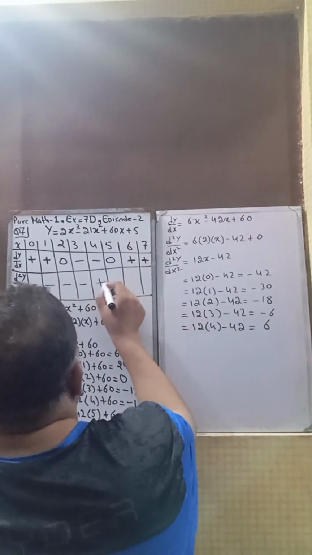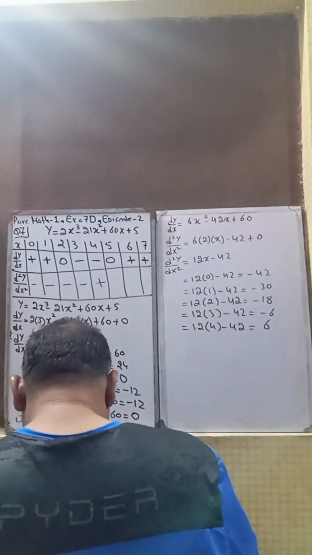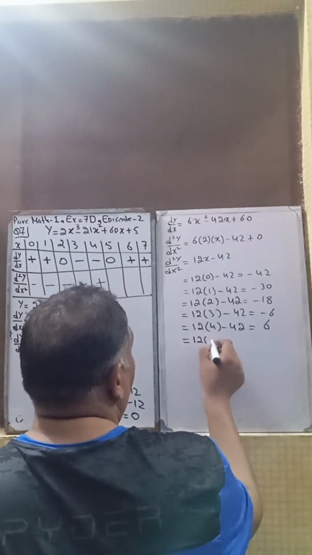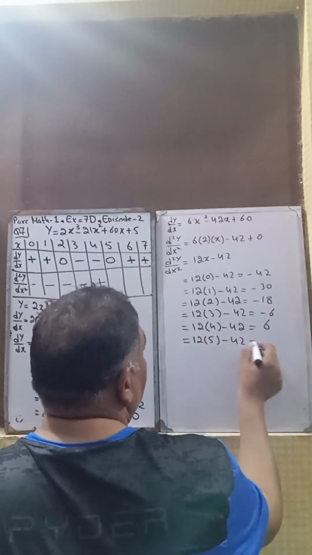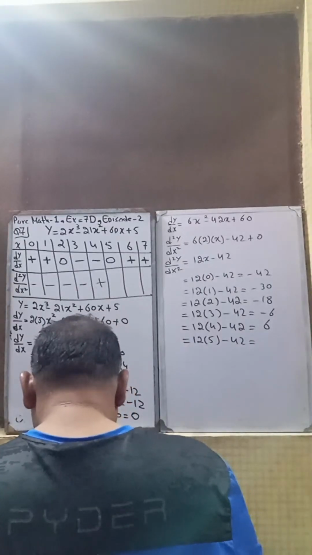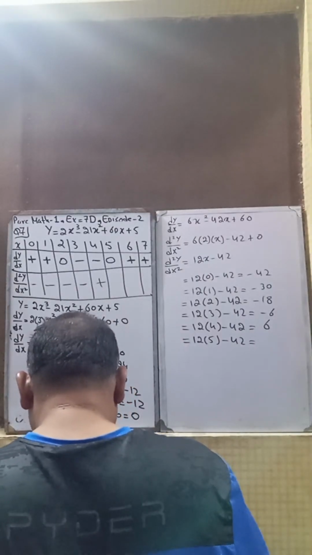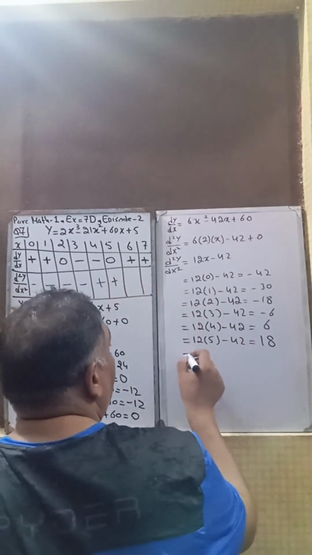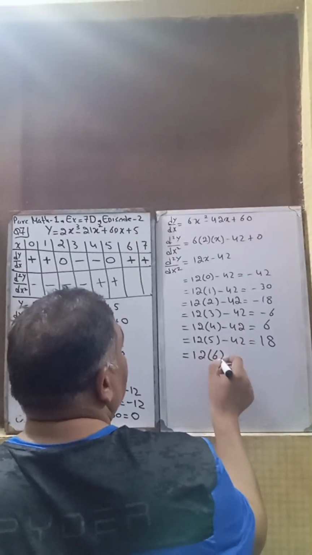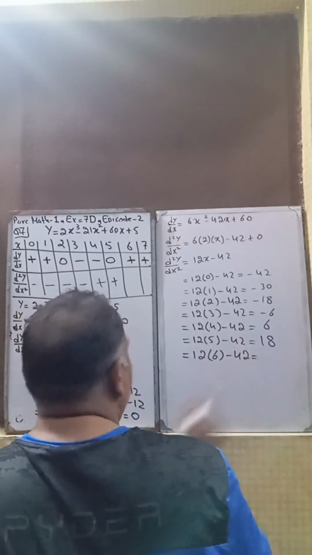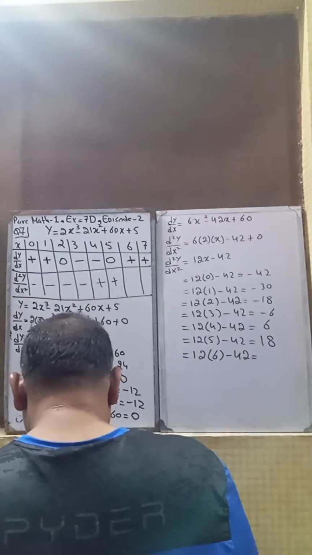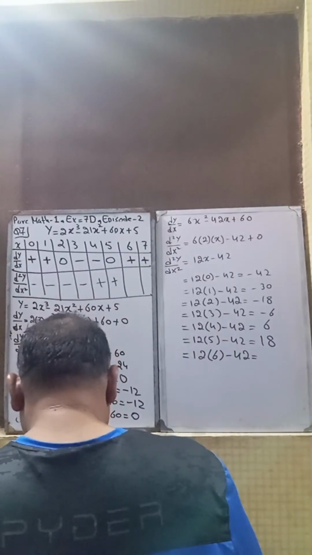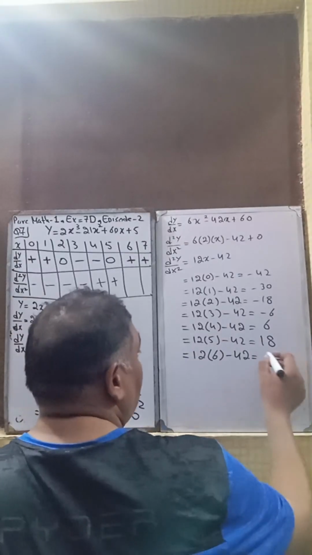So this is positive. Then I'm going to do 12 into 5 minus 42. That's 60 minus 42, and that is positive 18. So this is going to be positive. And then we have 12 into 6 minus 42, and that will be equal to 12 multiply 6 minus 42 equals to, that's positive 30.